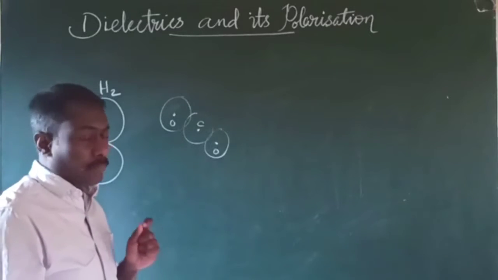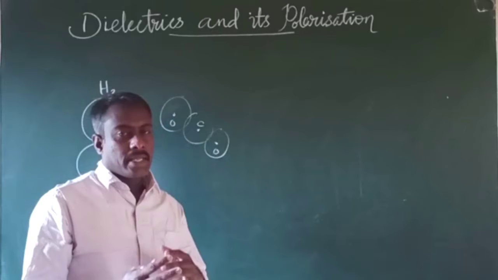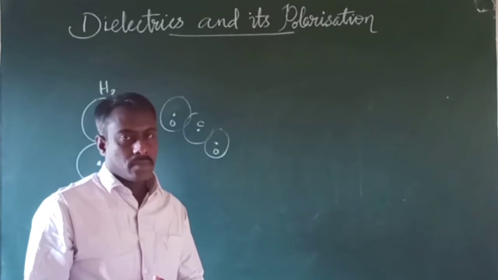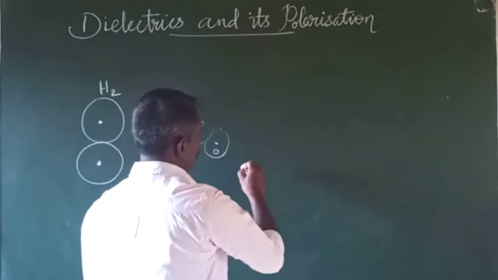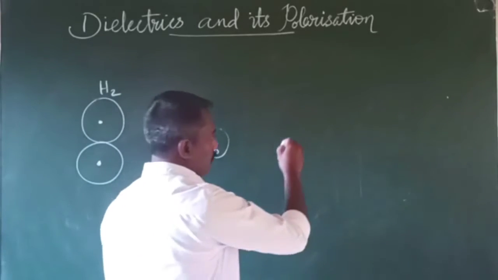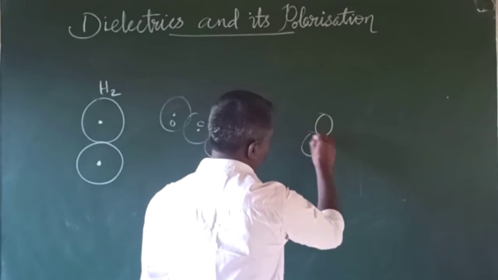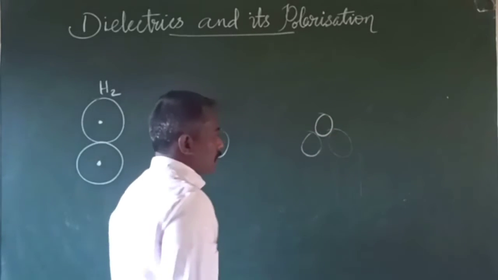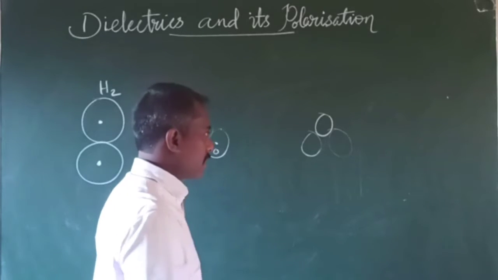But in polar dielectrics, the negative and positive charges are separated. For example, a water molecule is asymmetrical in nature.